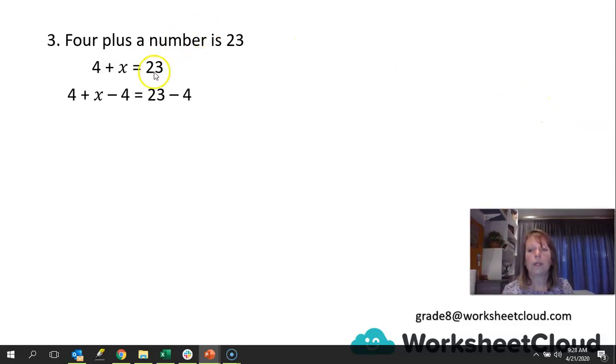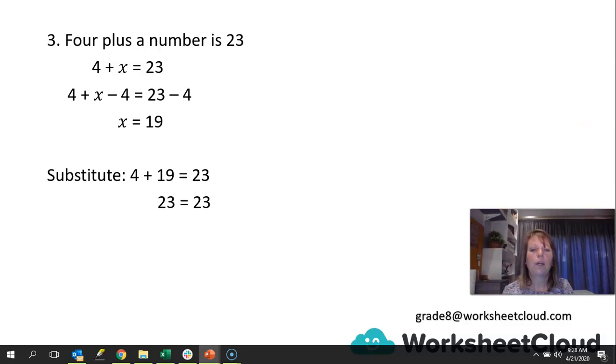So these two 4s would then disappear, and you would have this to work out on this side. So x is equal to 19. Let's put 19 back in to substitute. We just want to make sure every single time that our scale is balanced. 4 plus 19 gives you 23. 23 is the same on the other side. You've got it right, which means that x is equal to 19.